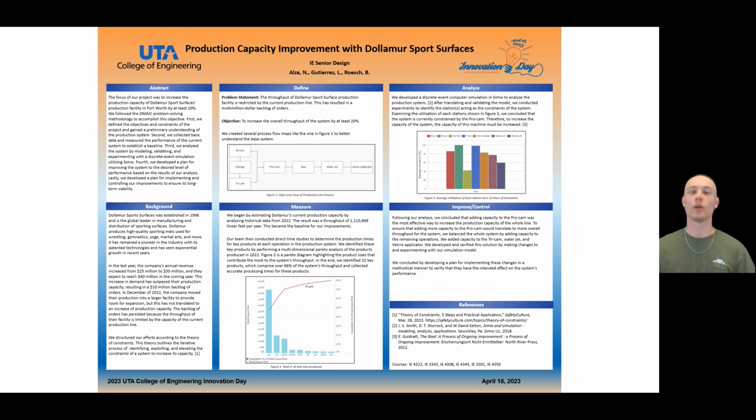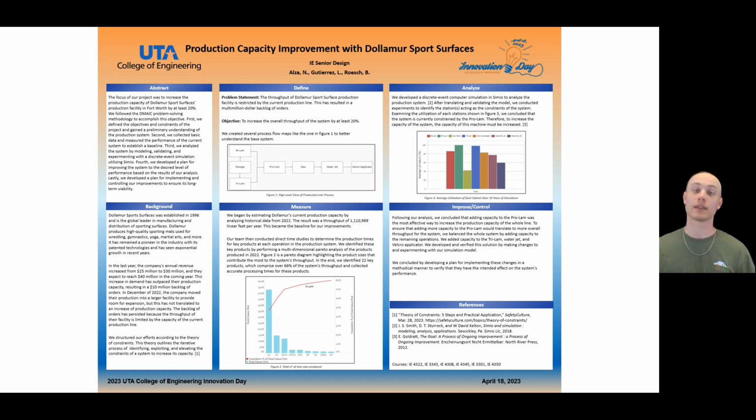The next stage was the measure stage. In this stage, we established a baseline for the current system performance. So we measured the throughput that's actually occurring. The next thing we did was identify the key products that comprise the largest percentage of the throughput coming from the system.